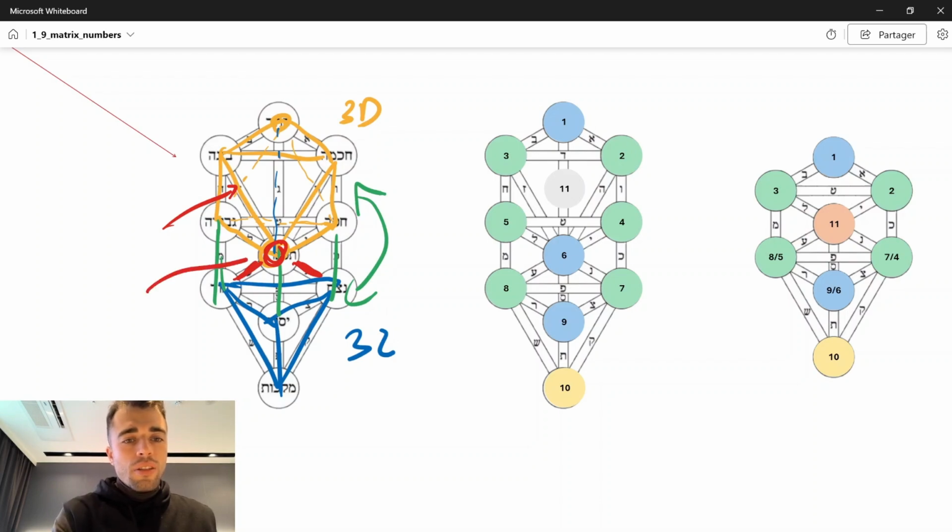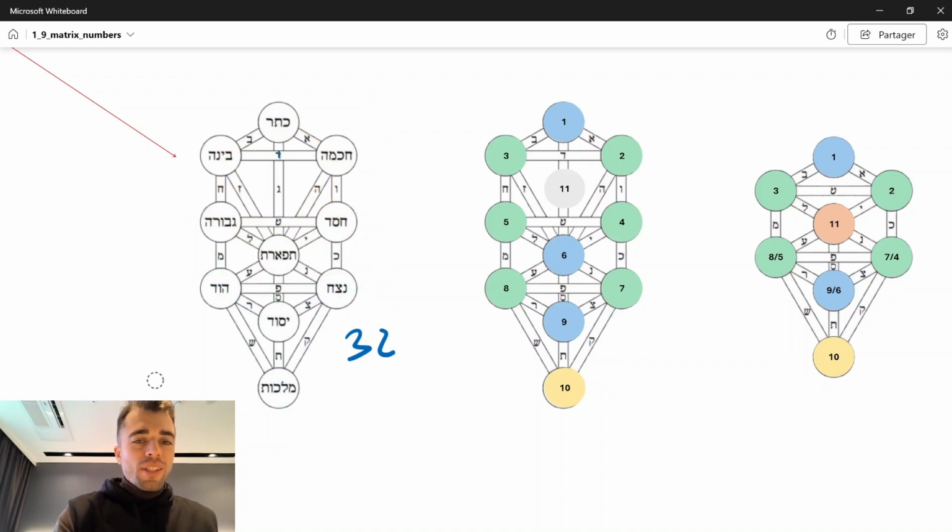That means there is a sephira behind it, but because it's 2D, we cannot see it. And if there is a sephira behind it, what geometric form is it? So there are other explanations and other geometric forms, but there is always a trick. So you see the problem already.